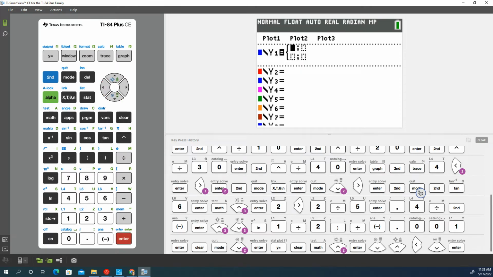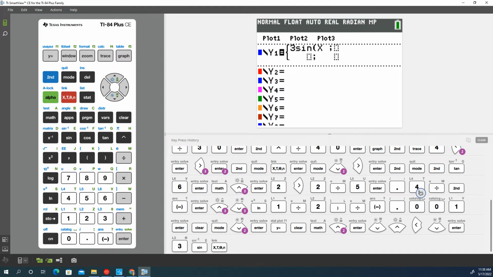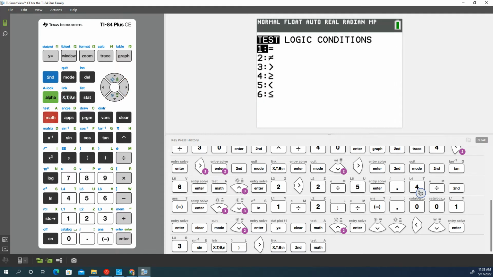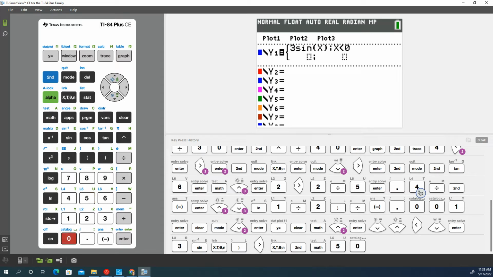Okay, let's try this. 3 sine of x. All right, if you go second test, you can get inequalities. So second math. Okay, I have never used this tool before.